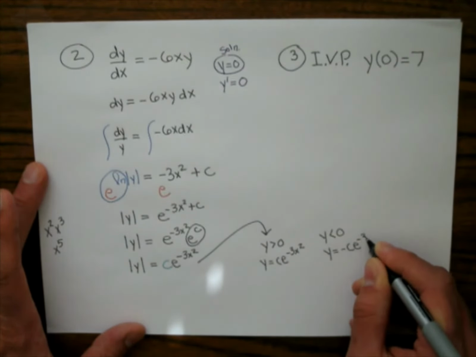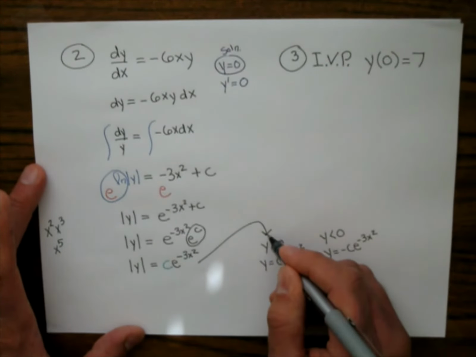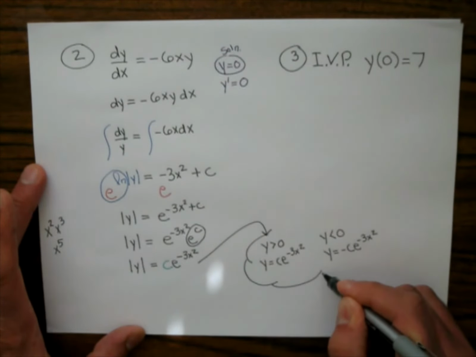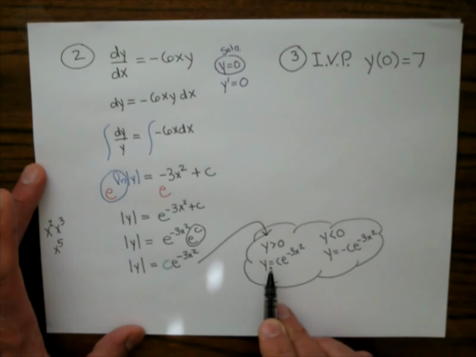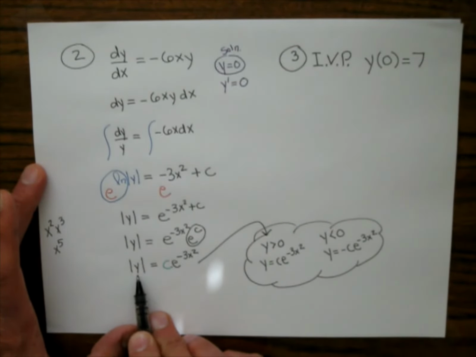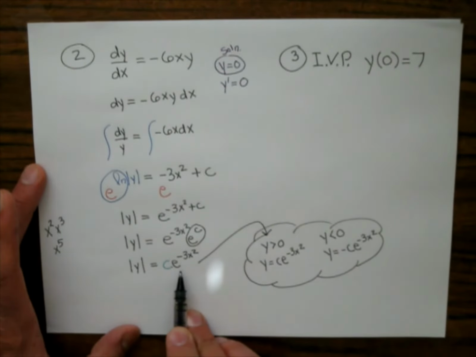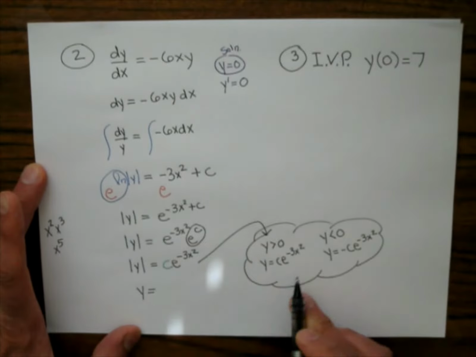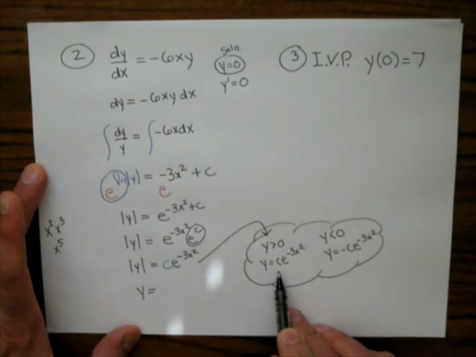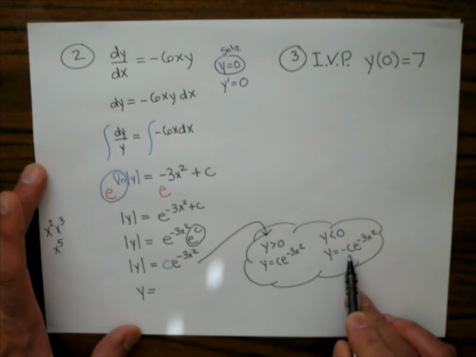Now this assumes that c is positive, and if we have c as negative, we can go through some other cases. So I'm putting this in a cloud because in all the cases, when you have absolute value y equals constant times some function, you're going to end up getting, whatever case you go down, a constant times that function. See, negative c is just a constant.